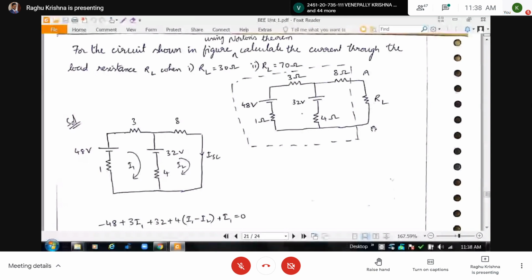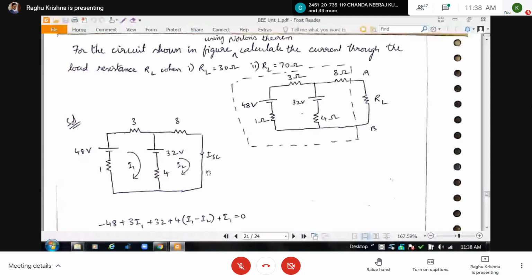So here, RL is removed and replaced by a short circuit. If you see the difference, RL is replaced by a short circuit. So in Norton's theorem, you have to find the short circuit current. You can find the current in many ways.